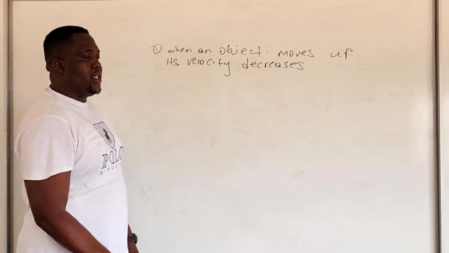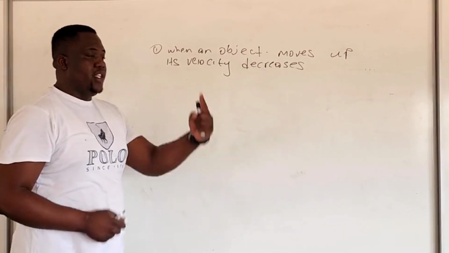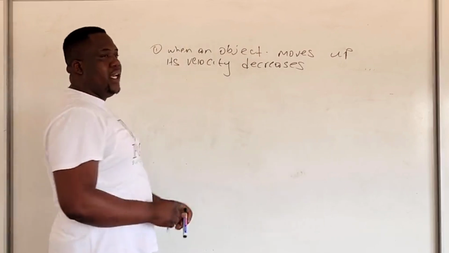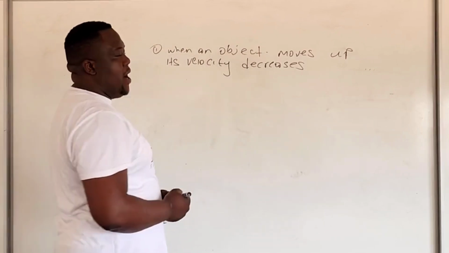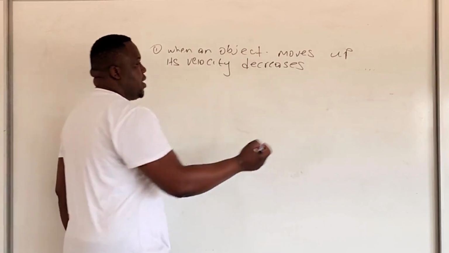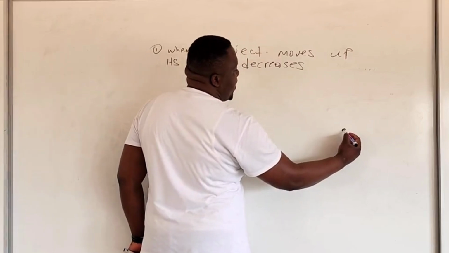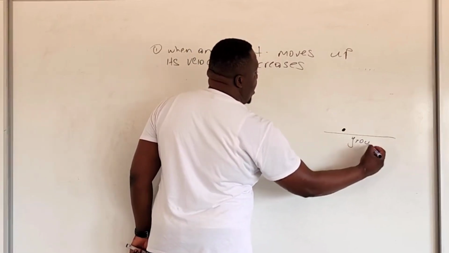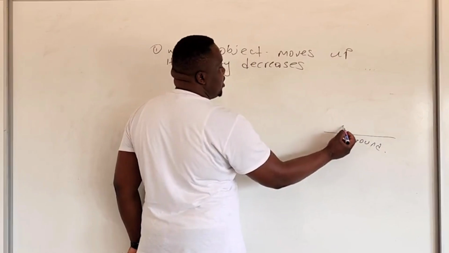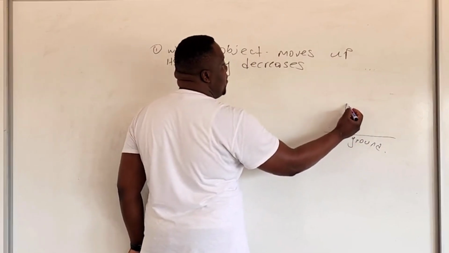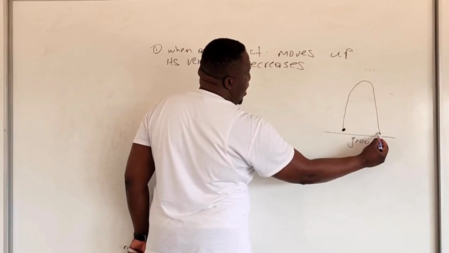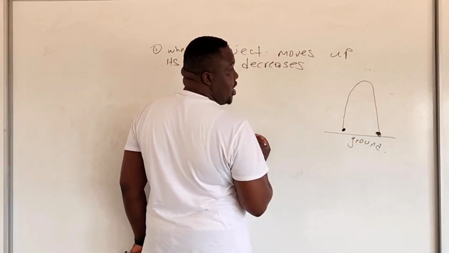Here I'm holding an object. As this object moves up, its velocity decreases until at the maximum position, the velocity becomes 0. If I have an object on the ground and I project it up, it is going to move up, but its velocity is decreasing, then it will come down and return to its position.